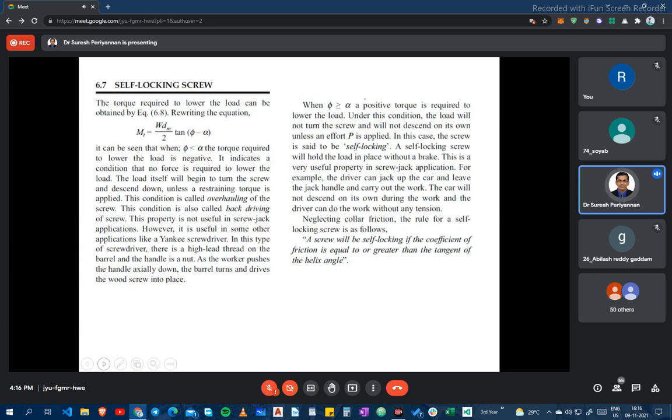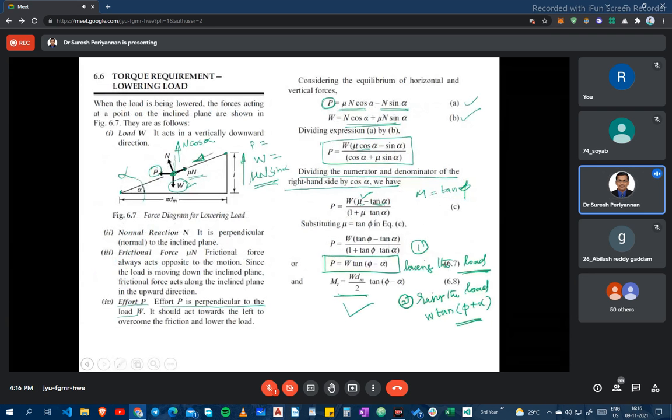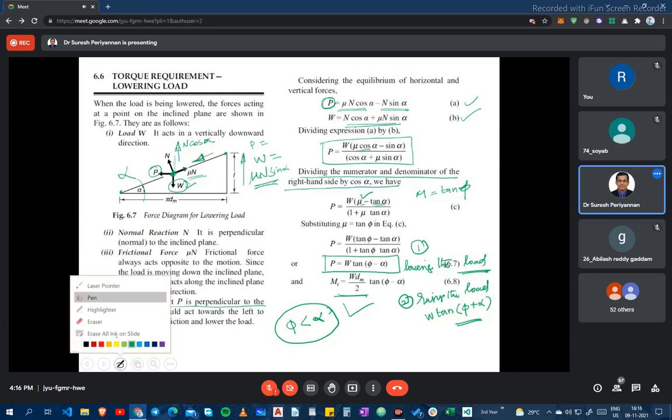Now, suppose in this case phi is less than alpha. What will happen? Will the value be negative or positive? Suppose phi is less than alpha.